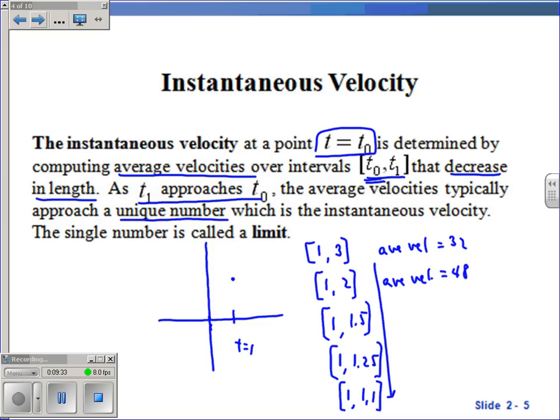Your average velocities are going to be getting closer and closer to that number as the width of the interval decreases. That single number is called a limit, because we're never actually going to reach that number, but if these values are getting closer and closer to a certain number, then that value they're getting close to, we call the instantaneous velocity. So instantaneous velocity is actually a limit of those average velocities as the interval gets shorter and shorter.